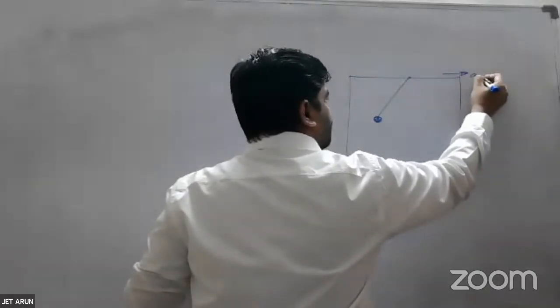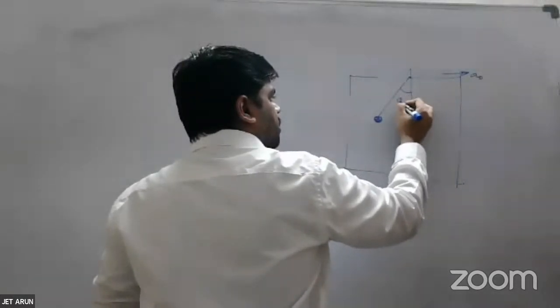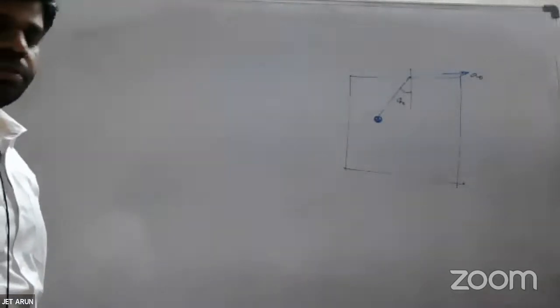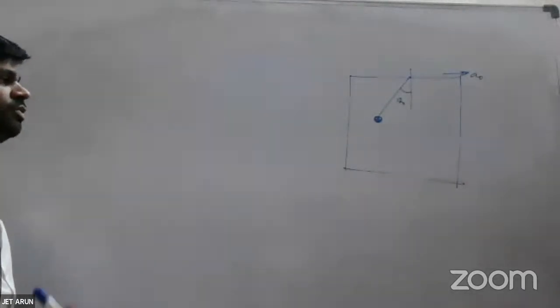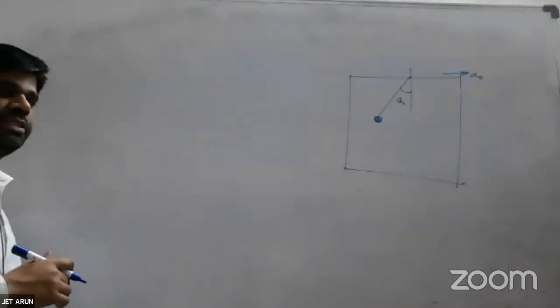This car is moving towards the right with an acceleration a naught. Let us understand this with respect to ground and with respect to the car. Why do we have a deflection over there? What does the deflection mean? Like, why does the deflection result?